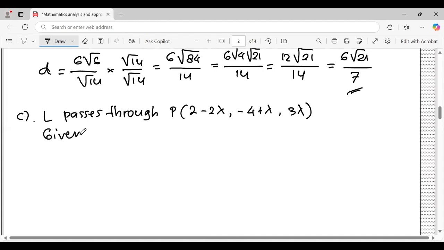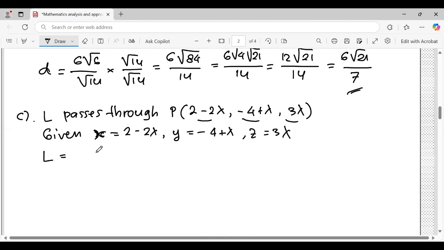Given x equals 2 minus 2 lambda, y equals minus 4 plus lambda, and z equals 3 lambda. Substitute x, y, z into 6x minus 3y plus 5z.